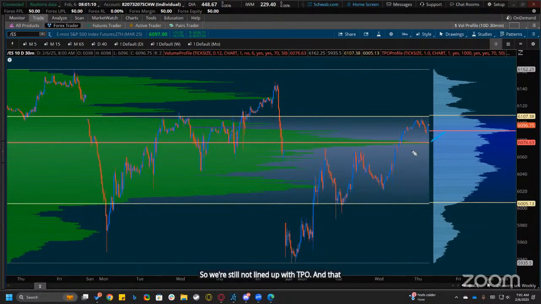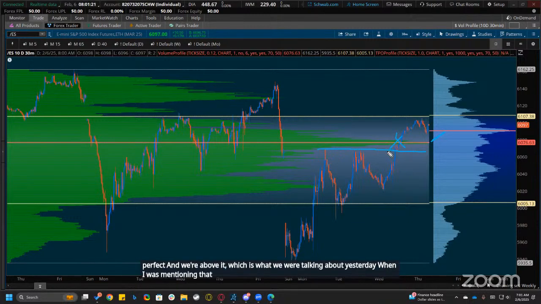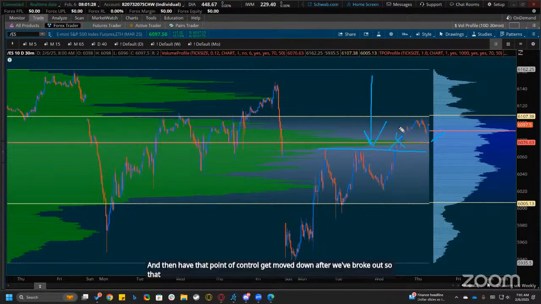It's not a game of perfect. And we're above it, which is what we were talking about yesterday, when I was mentioning that it would be really good if we could get this breakout and then have that point of control get moved down after we broke out so that it's not a resistance against us. Ta-da, we got it. Kind of want to keep it.